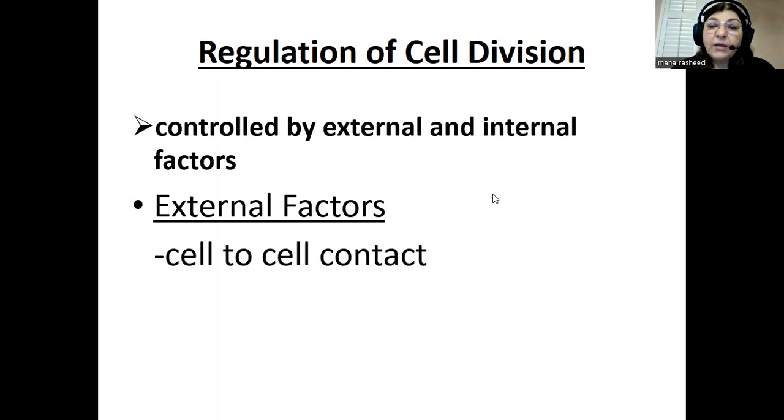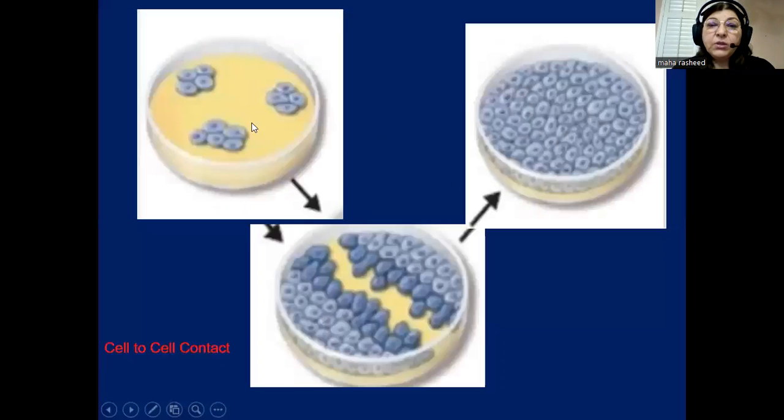And here, I have a really good image. As you see, some cells are growing and they keep dividing and making more cells until there's no more space left and one layer is formed and they stop growing. Okay, that's for the normal cell.